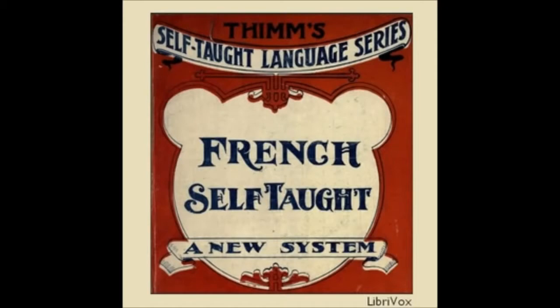H. H is quite mute. I. I is pronounced like E in the English word me. J. J is pronounced like S in the word pleasure. K. K as in English. L. L as in English.